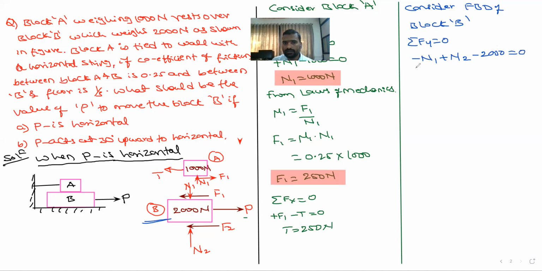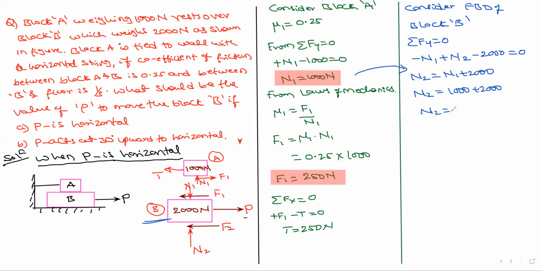N1 is known, correct? So N2 is equal to N1 plus 2000. Substituting the value of N1, N2 is equal to 1000 plus 2000, which is 3000 Newton.